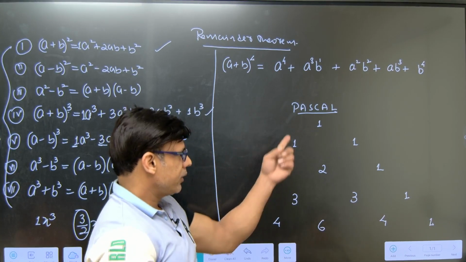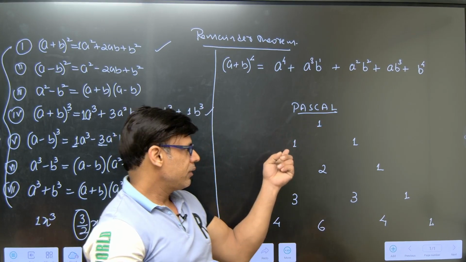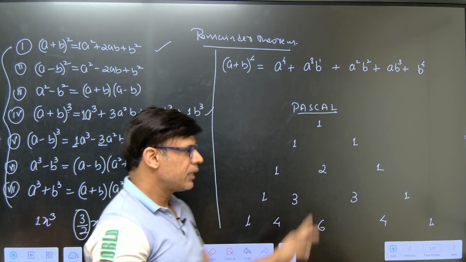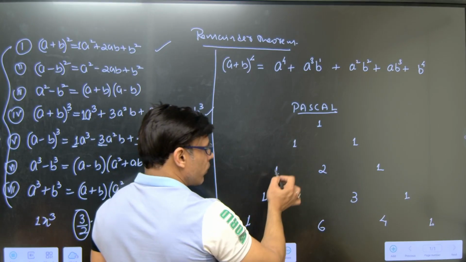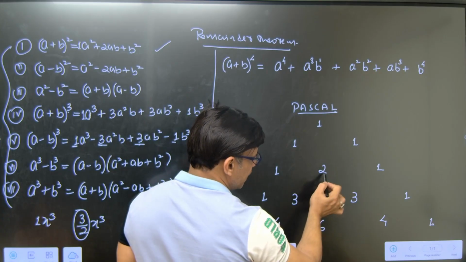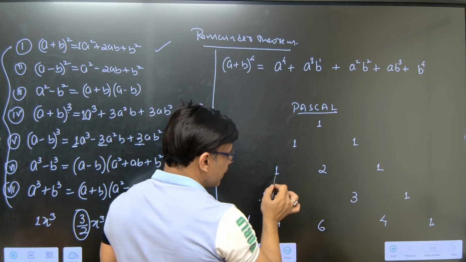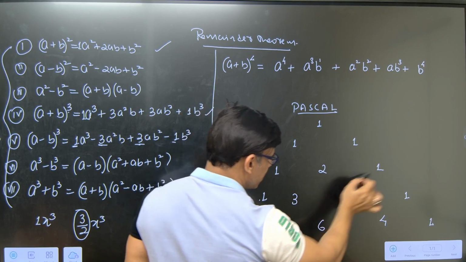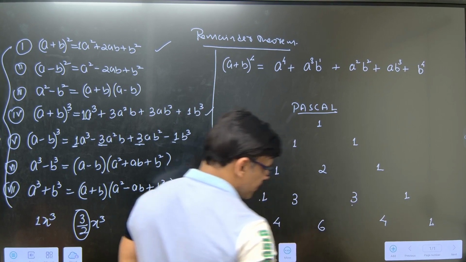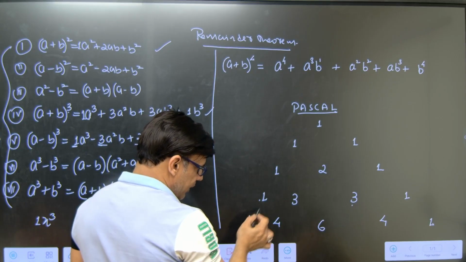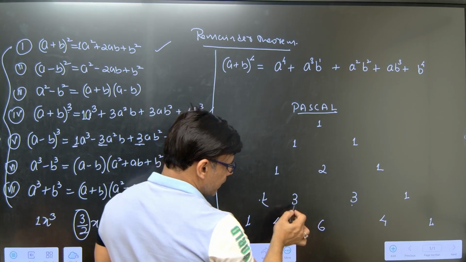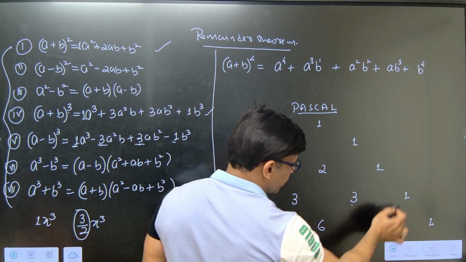What he did: he wrote 1, then 1 and 1, then 1, the summation of these in between, and then 1. After this again 1, summation of this is 3, summation of this is 3, and then 1. Then again 1, then the summation 1 plus 3 is 4, 3 plus 3 is 6, 3 plus 1 is 4, and 1.